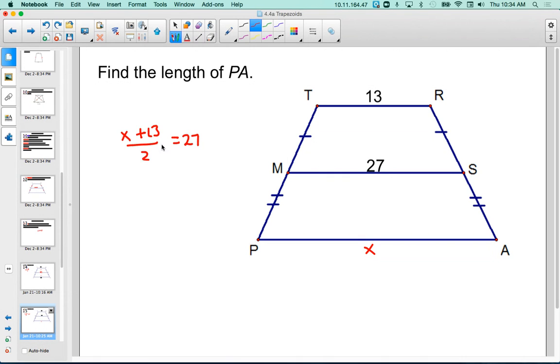Well, I multiply both sides by 2 to start. I get 54 equals x plus 13. Subtract 13 from both sides. We get x equals 41, which is what we got the first time around. So it works either way there.